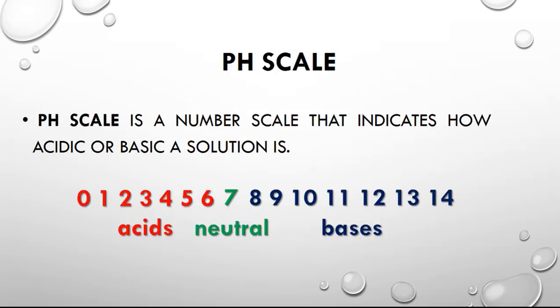If you can remember in our experiment last time with different substances, we used the pH scale to identify a basic or an acidic solution. A pH scale is just a number scale that indicates how acidic or basic a solution is. 7 is considered a neutral solution.